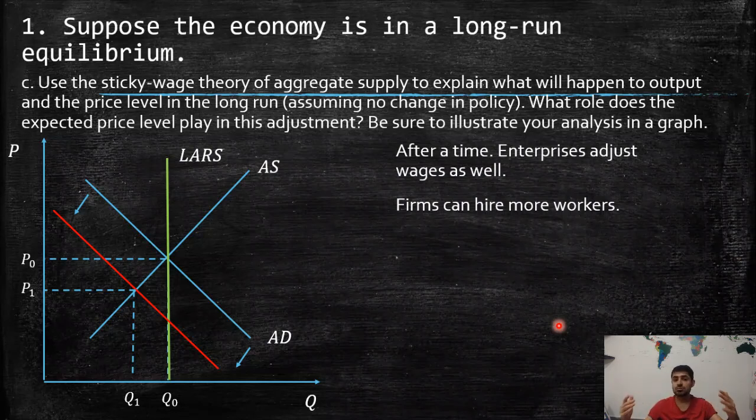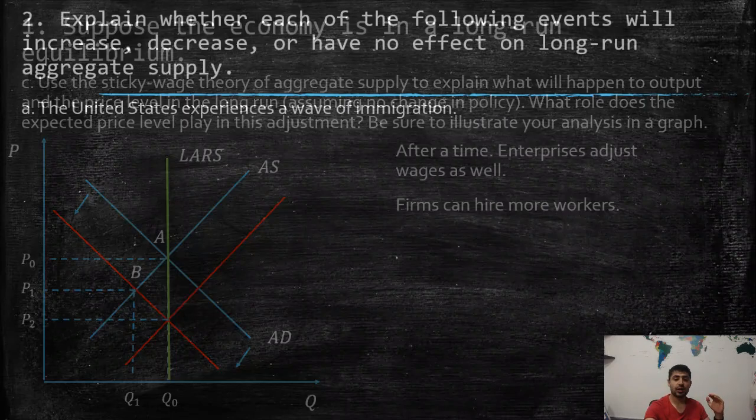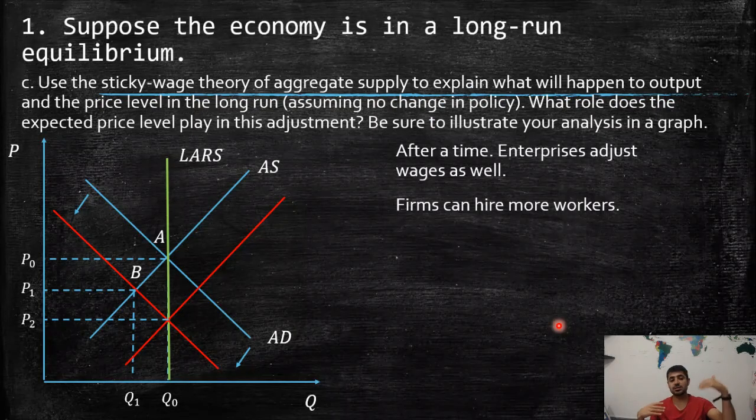The firms have incentives to hire more workers. As a consequence, the short-run aggregate supply can shift to the right, and we move from price 0 to price 2. This should be the situation of the sticky wage theory.